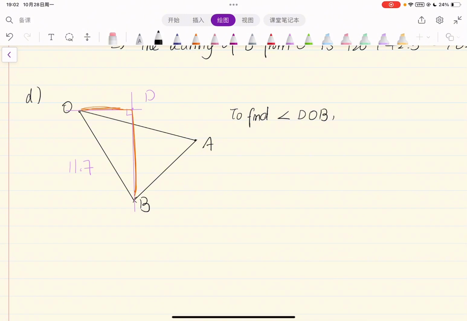So we know the bearing of B from O, which means you know the angle of this. And we know that this is 90 degrees.